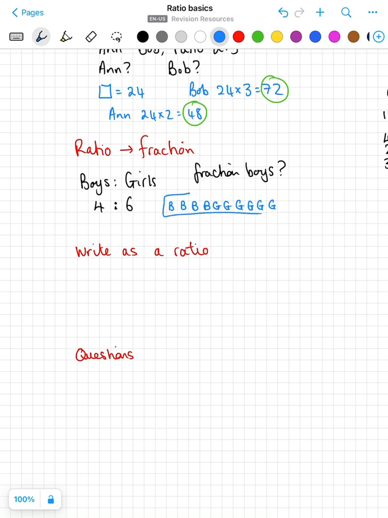So, almost like what fraction of that shape is the boys? That's a total of 4 boys out of a total of 10 parts. So 4 out of 10. 4/10 are boys, therefore 6/10 are girls.